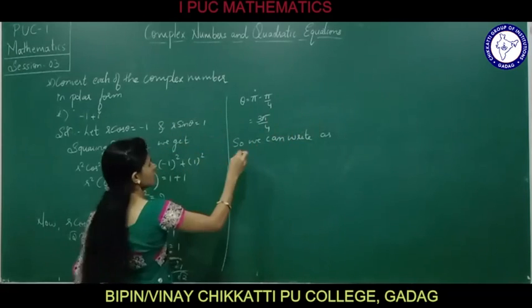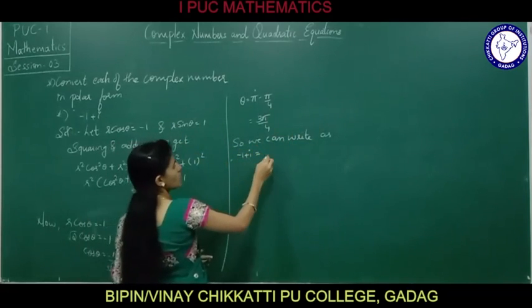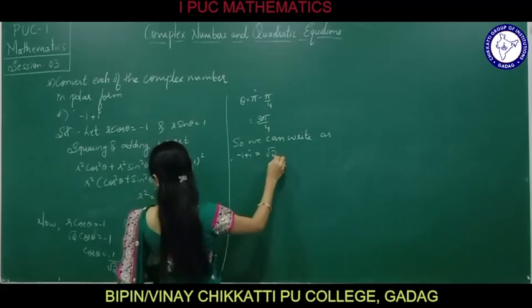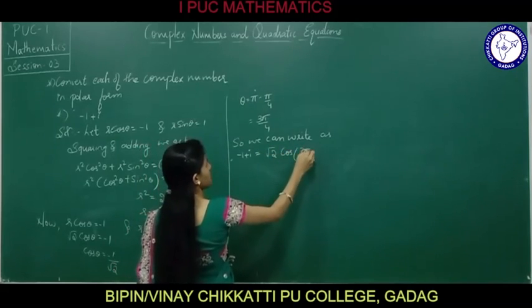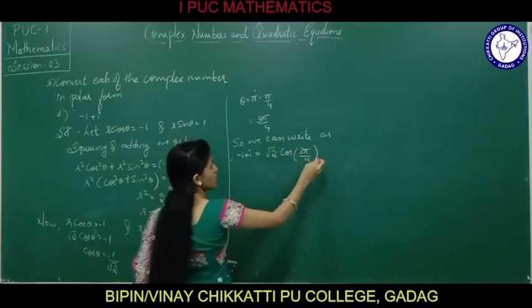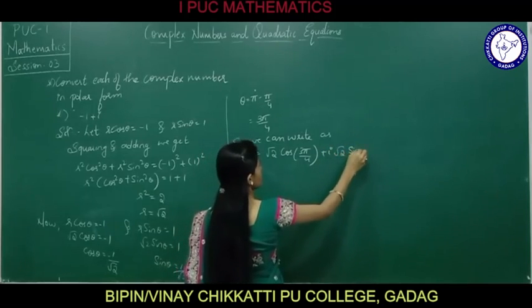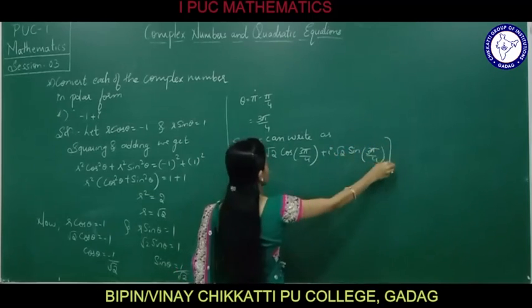What is given? Minus 1 plus i is equal to r cos theta, that is root 2 cos of 3 pi by 4 plus i into root 2 sin of 3 pi by 4.